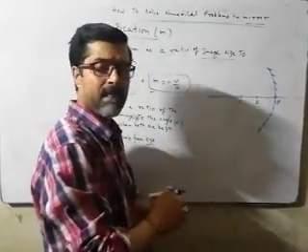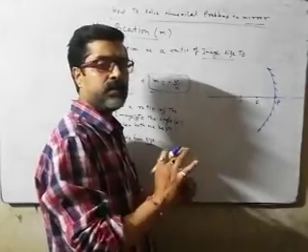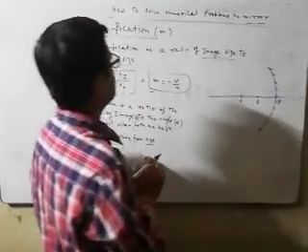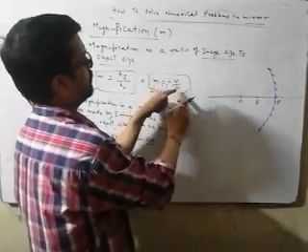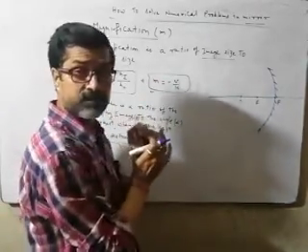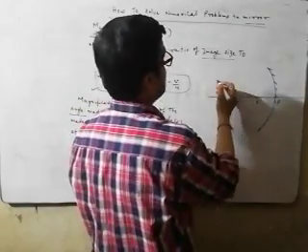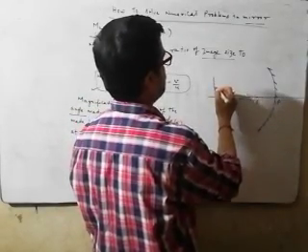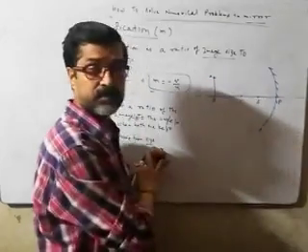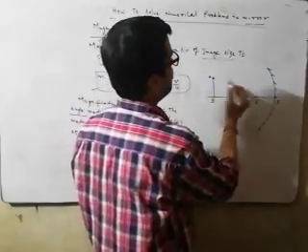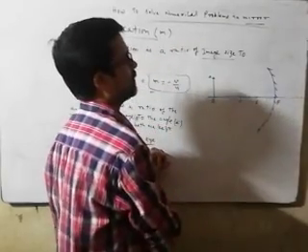Now what we are going to prove is from magnification HI by HO we will prove minus v by u. So let us consider an object AB, and two light rays we will consider.